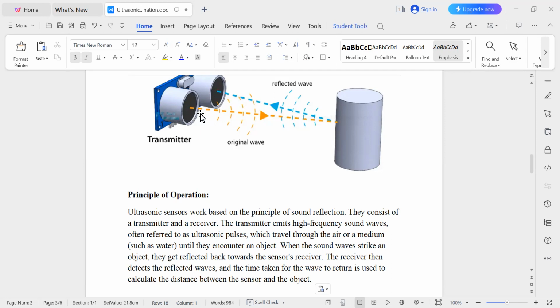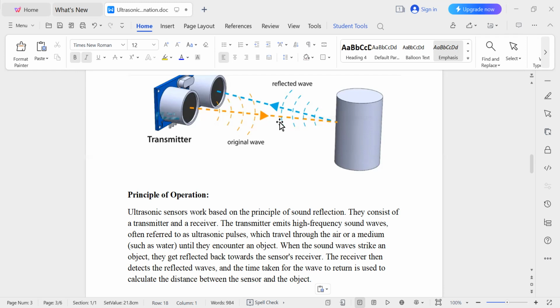First, the wave goes from the transmitter and hits the target, and the reflected wave comes back towards the receiver. The receiver then detects the reflected waves, and the time taken for the wave to return is used to calculate the distance between the sensor and the object.